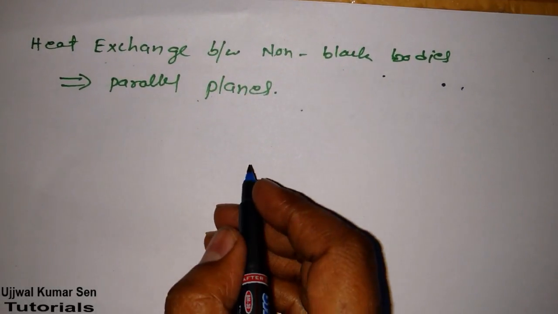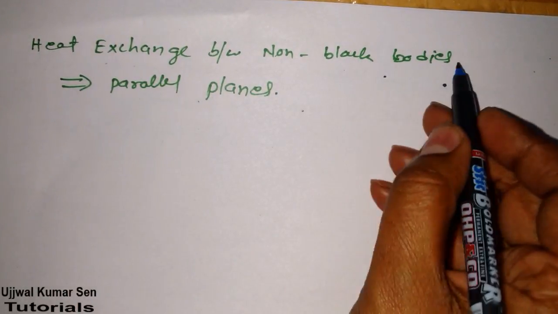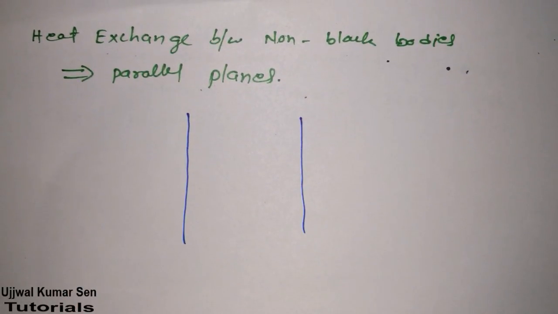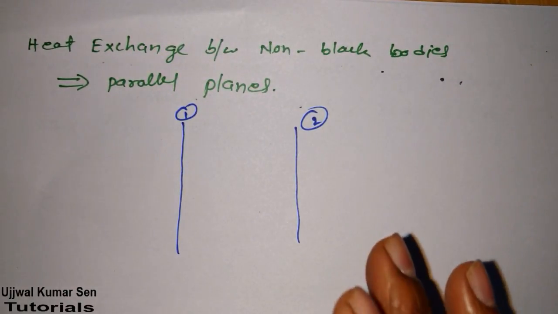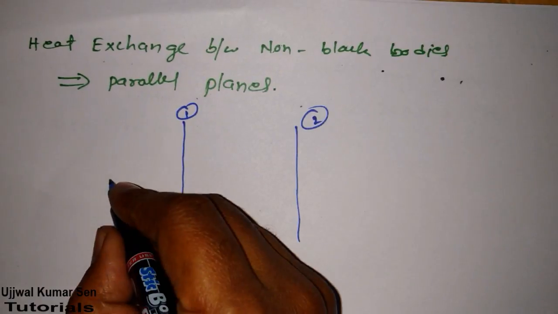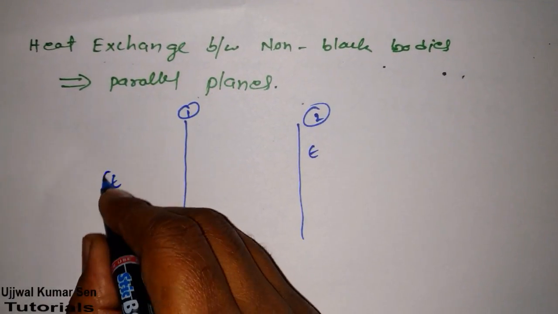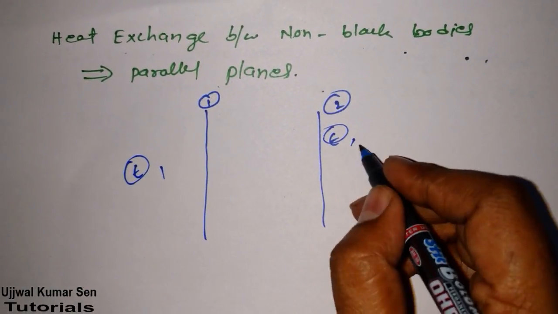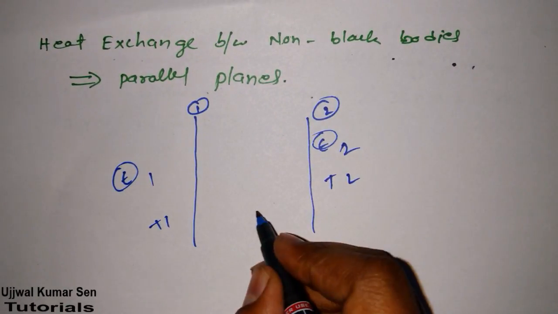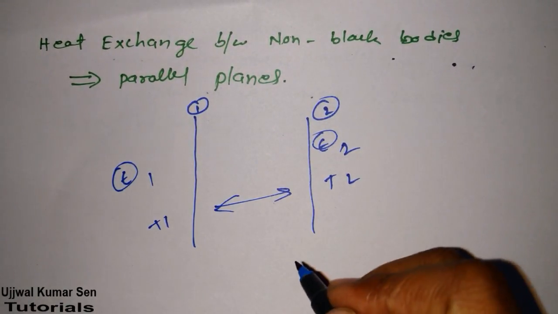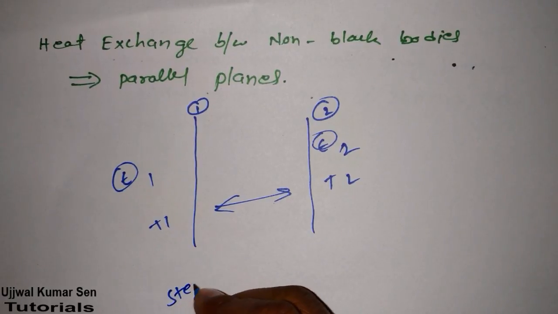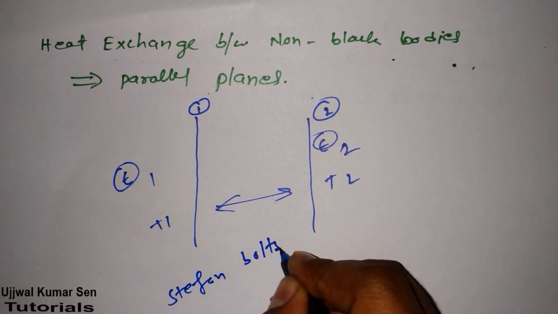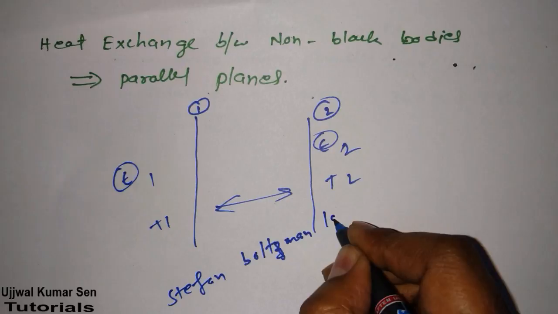So basically, what is this? Heat exchange between non-black bodies. Suppose that we are having two bodies, body 1 and body 2. Every body has different properties, just like emissivity of the body, epsilon 2, temperature of the body, as well as here in case of radiation, one law plays the most important role, that is the Stefan Boltzmann law.